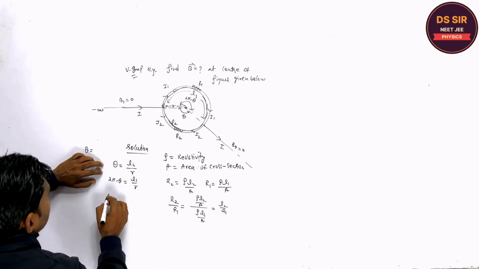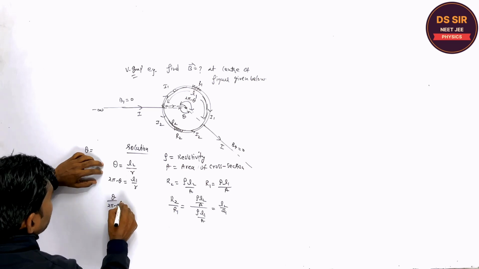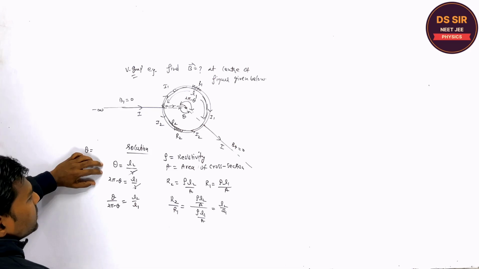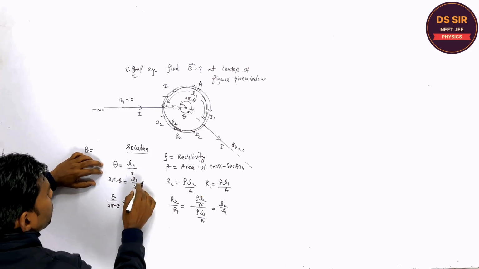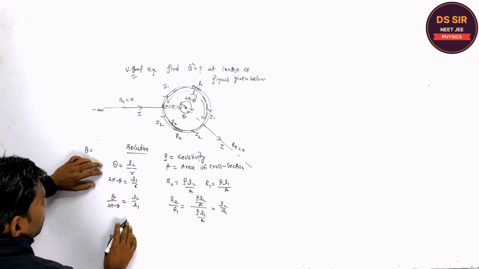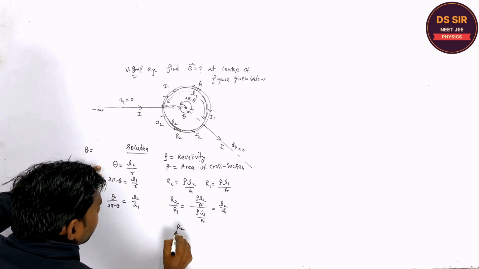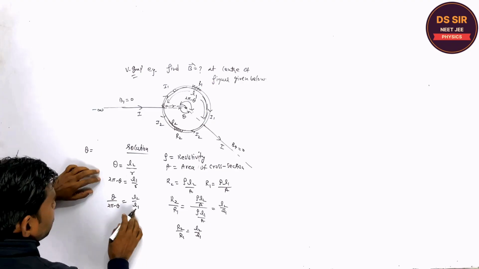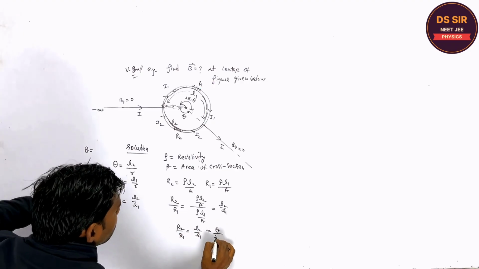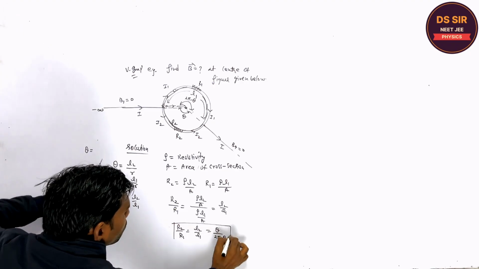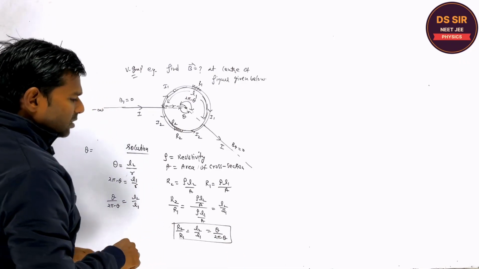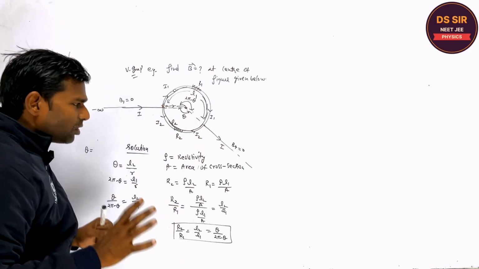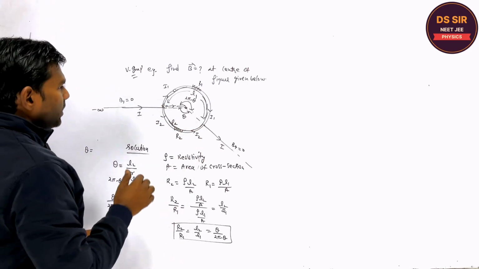So dividing, theta upon 2 pi minus theta is equal to L2 upon L1, because r will cancel out. Is it clear or not? Yes. So R2 upon R1 is equal to L2 upon L1, and it is equal to theta upon 2 pi minus theta. So first we have found the ratio of resistance of this part and this part. Is it clear or not? Clear. Right.